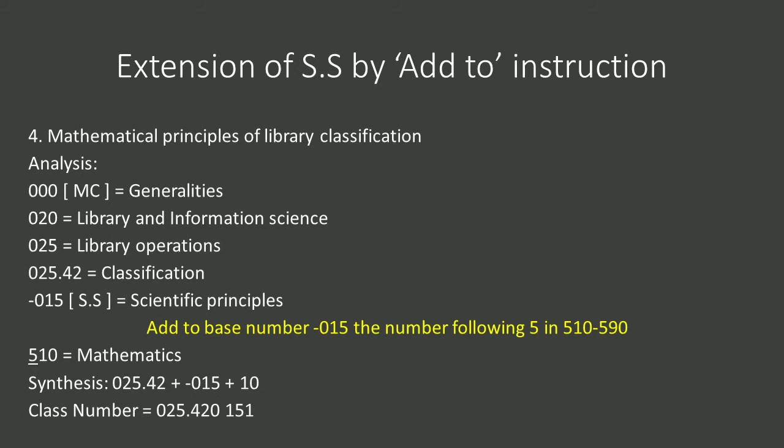That's why I have taken the notation -015 from the standard subdivision, and it is for scientific principles. In our example it is mathematical principles, but this notation -015 is for scientific principles. It is not for mathematical principles, only for scientific principles.